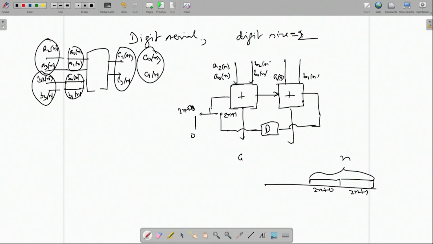So, originally I had C0n and C1n in this cycle 2n plus 0, next time C2n, C3n. A2n and B2n with that carry added, new result, new carry, and this time we will have A3n, B3n. This is the digit serial structure.